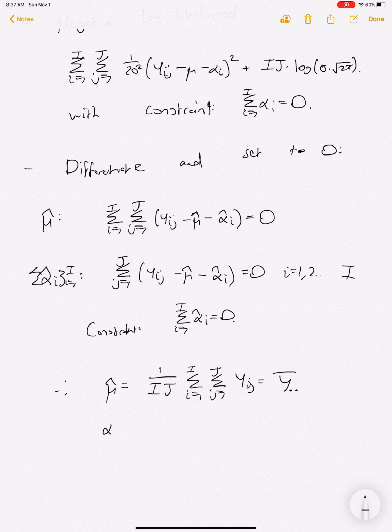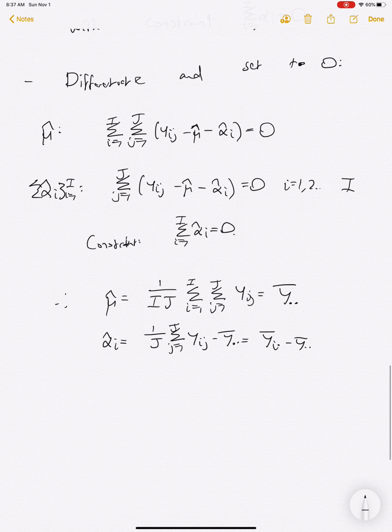And then alpha hat i is going to be equal to 1 over j times the sum of yij, minus y bar dot dot, which is just y bar i dot minus y bar dot dot. So y bar i dot just means the sample mean for group i.